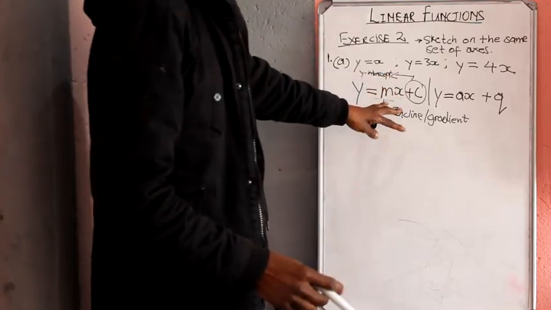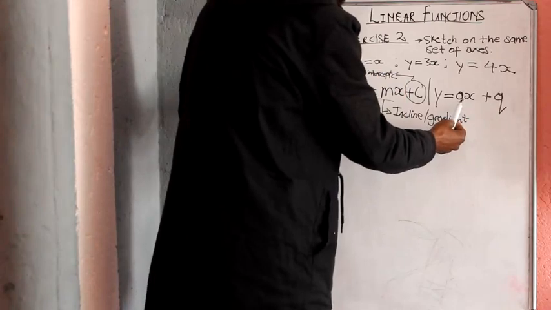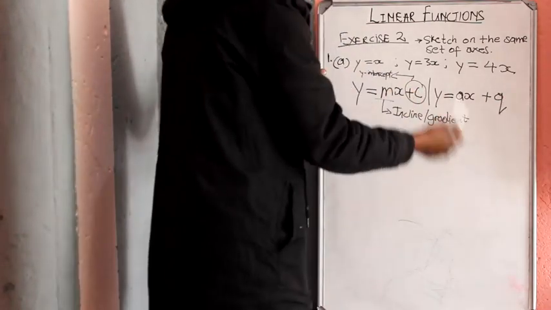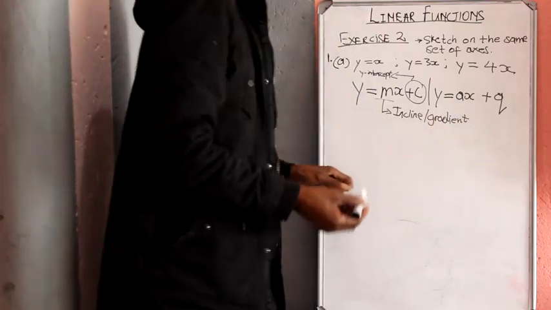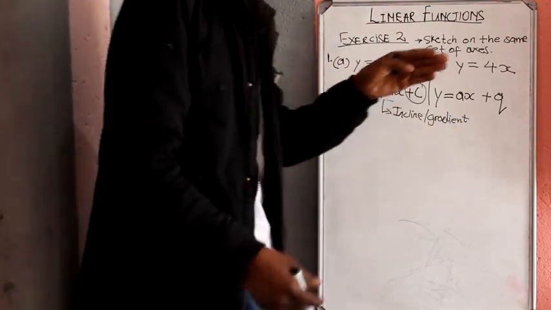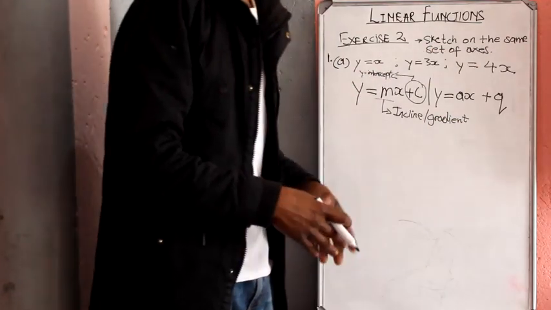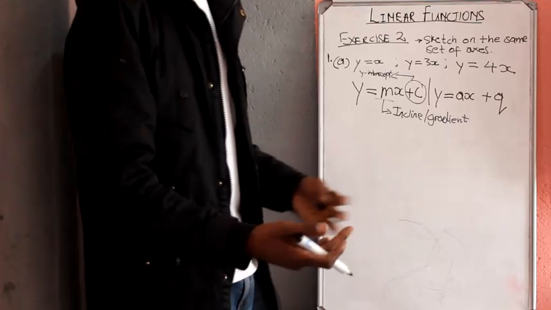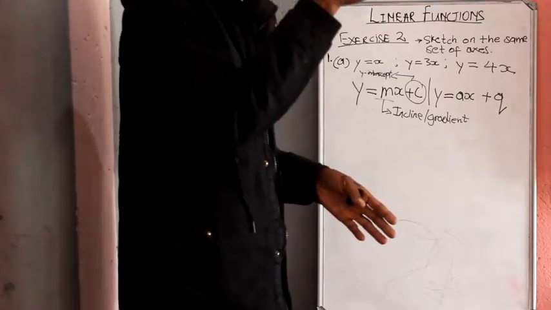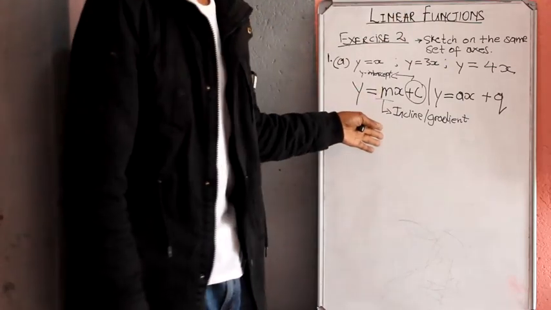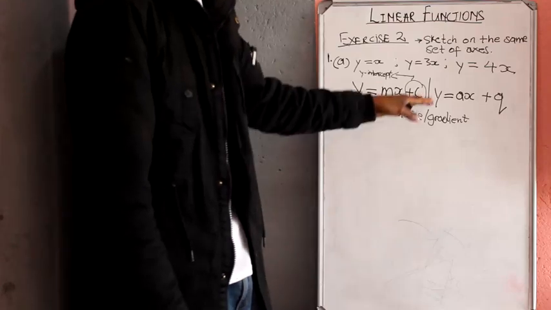So in this case, using ax plus q, obviously q being the y-intercept and a being the gradient, might start confusing some students as you go into other functions, like ax squared plus q, ax squared plus bx plus c, thinking that a is still the gradient as depicted by the straight line equation.